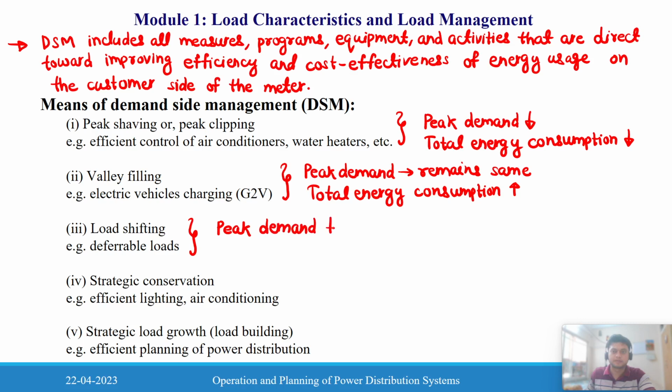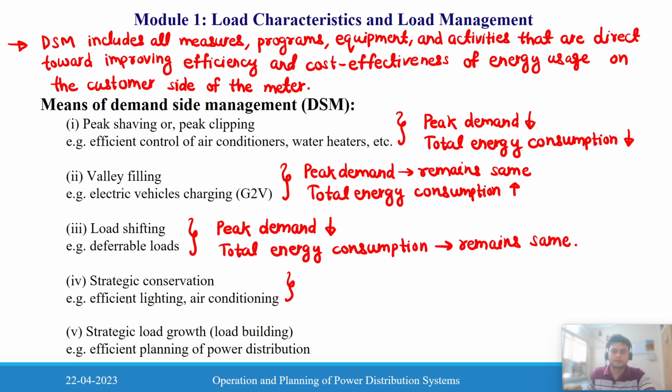So by that we are reducing the peak demand and total energy consumption remains the same. Deferrable loads are loads that allow time shift and interruption, like our washing machine and EV battery charging.